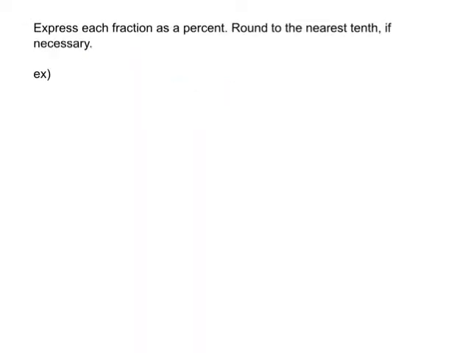Express each fraction as a percent, and we're going to round to the nearest hundredth if necessary. So the first thing I need to do to figure out what 5/8 is as a percent, I can either use long division or I can just set up a proportion again. I know that percents are always over 100, so I'm going to put that over x. So I'm going to have 8x equals 500.